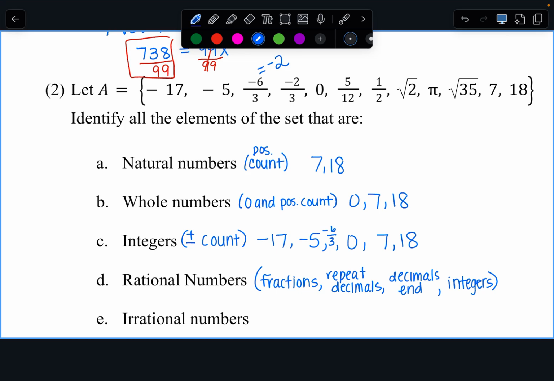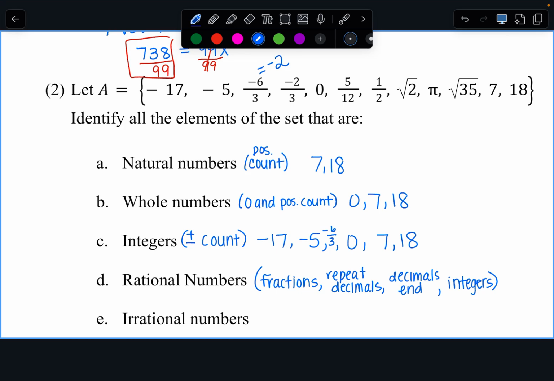So that's a whole lot of stuff that it could be. Rational is like this really big net that we're casting, and it has lots of numbers in it because it includes natural, whole, integer, and fractions and decimals that stop or repeat.